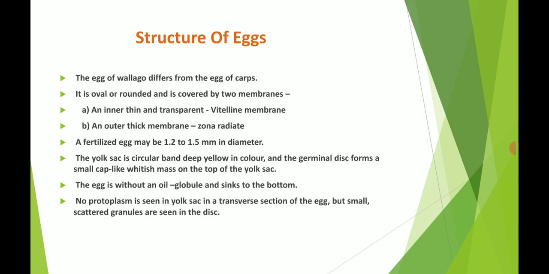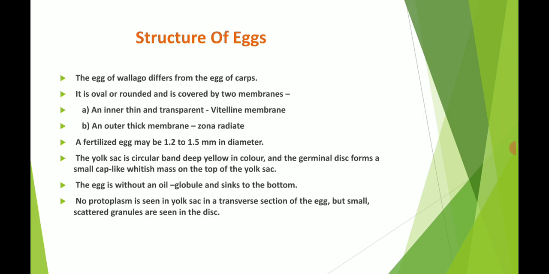A fertilized egg may be 1.2 to 1.5 mm in diameter. The yolk sac is a circular band, deep yellow in color, and the germinal disc forms a small cap-like whitish mass on the top of the yolk sac.